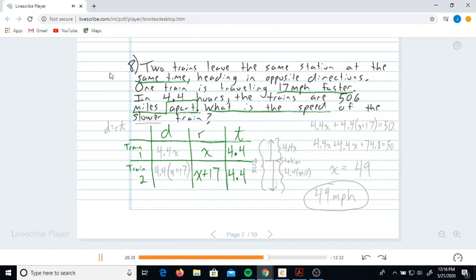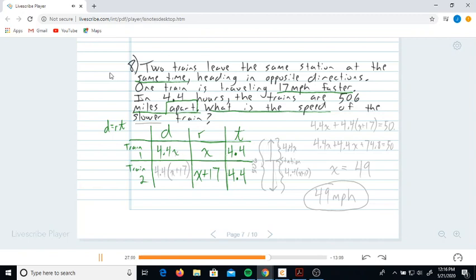So this is where we use the formula. Distance equals speed times time. D equals RT. So train 1, its distance that it has traveled is speed times time. As we see, speed is x, time is 4.4, so it's 4.4 times x.